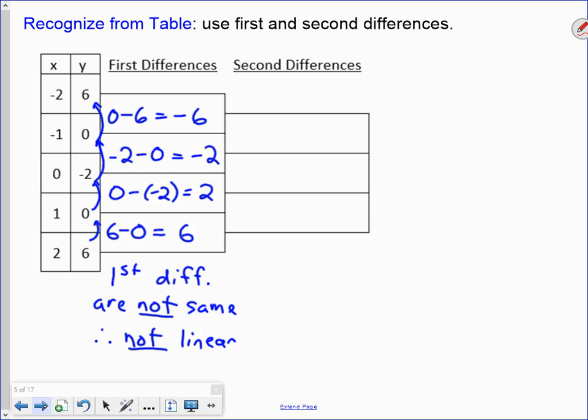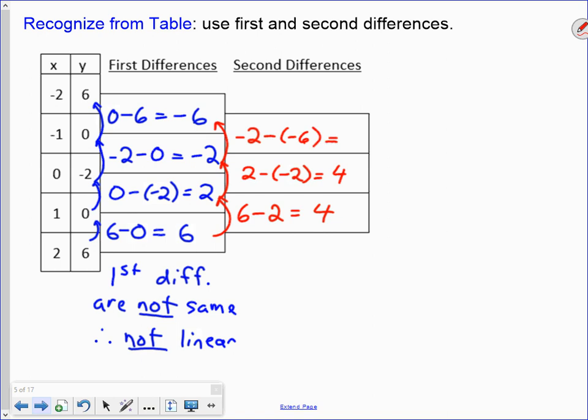So I'm going to start at the bottom of my table with my first differences, and I'm going to do the one at the bottom minus the one above it. 6 minus 2 is 4. And I'm just going to work my way up the table. 2 minus negative 2 is 2 plus 2. That's 4. I'm going to go up one more. Negative 2 minus negative 6.